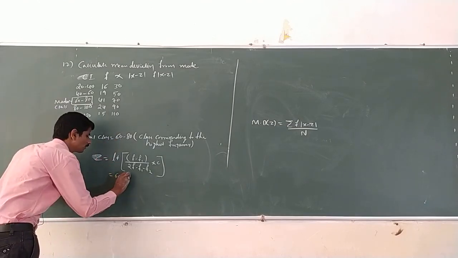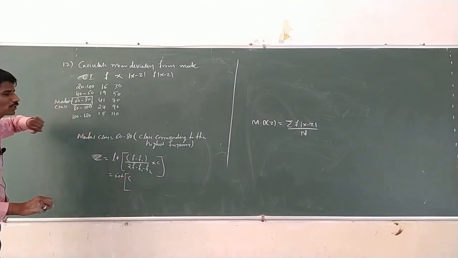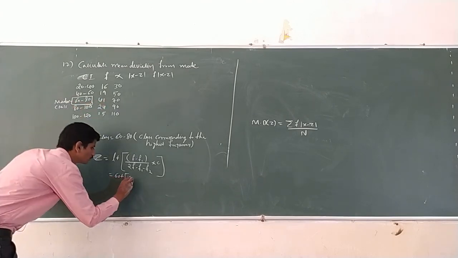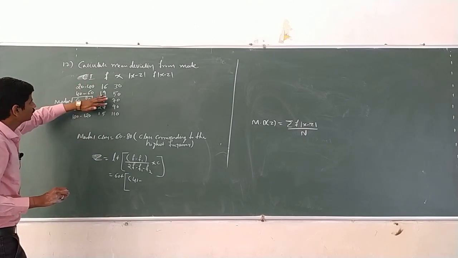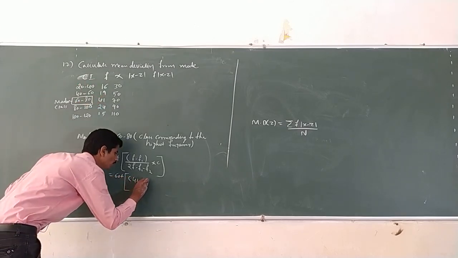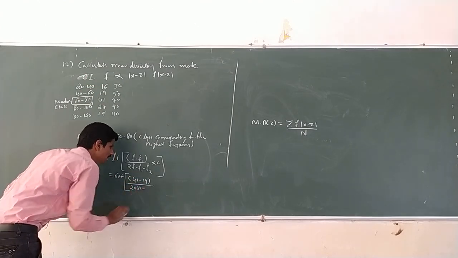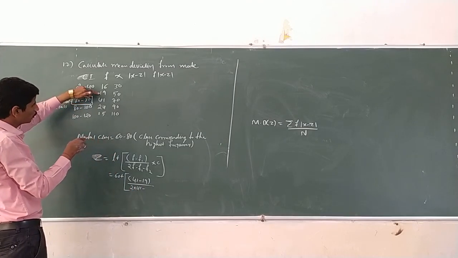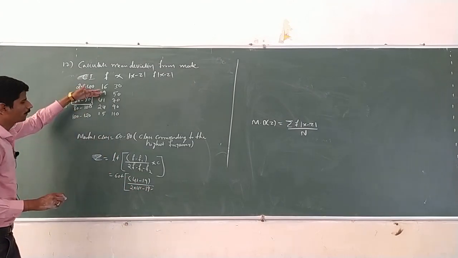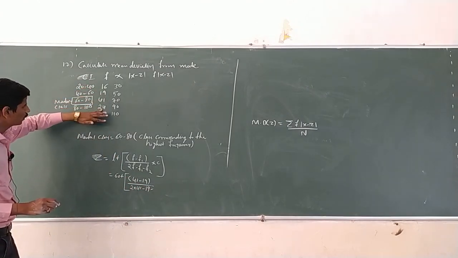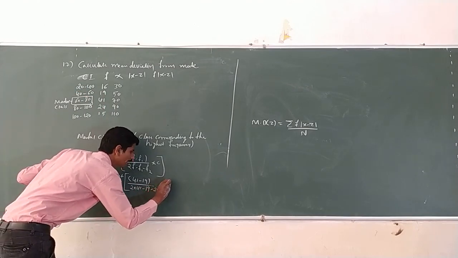Next, f minus f1. Here f is the frequency of the modal class, 41. f1 is the frequency of the preceding class, that is 19, divided by 2f, 2 into 41 minus f1, 19, minus f2, the frequency of the succeeding class, that is 24, into c, the width of the class interval, 20.